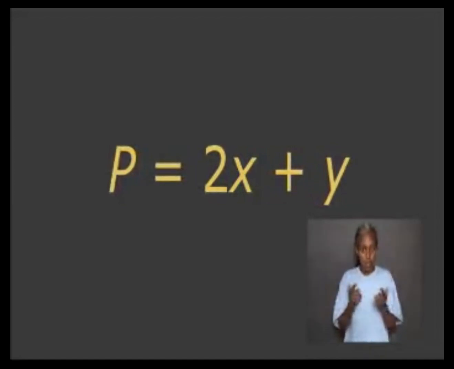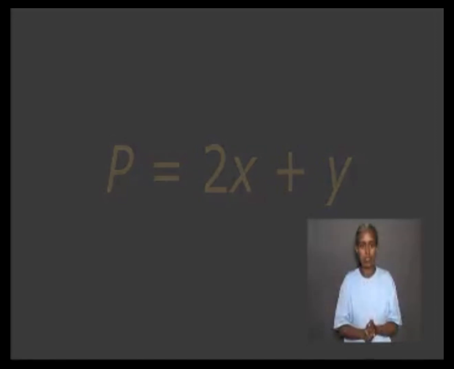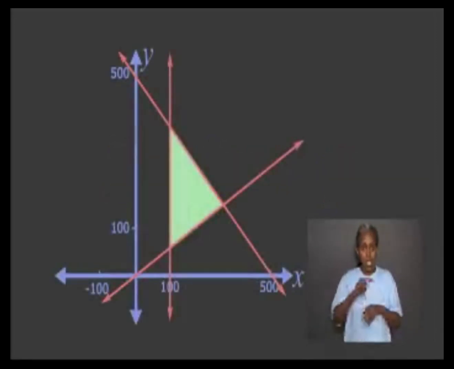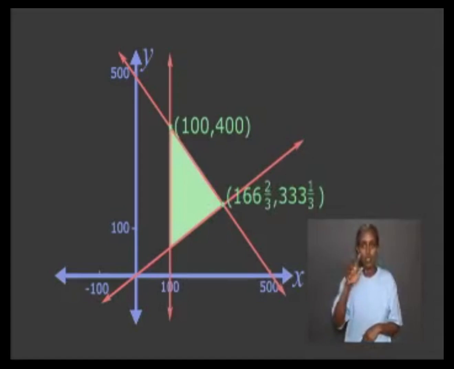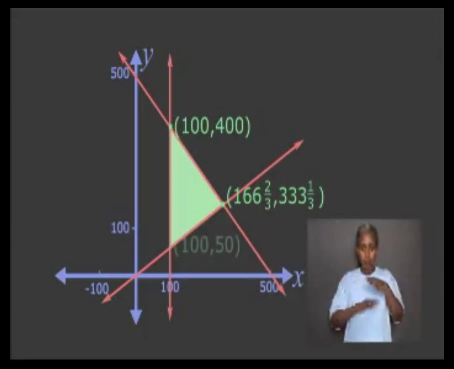So let us locate the vertices. The top vertex is (100, 400). The right-hand vertex is (166 2/3, 333 1/3). The bottom vertex is (100, 50).